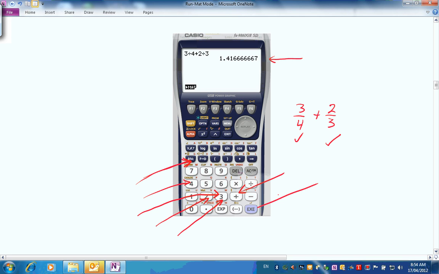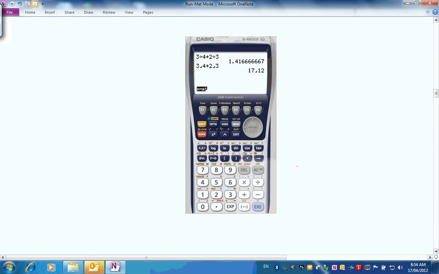And then if we hit execute, we will see our answer here. Now this has been an interesting result because we have a very similar display and it indicates that the answer is 17/12, but uses this little sign in here to indicate a fraction.